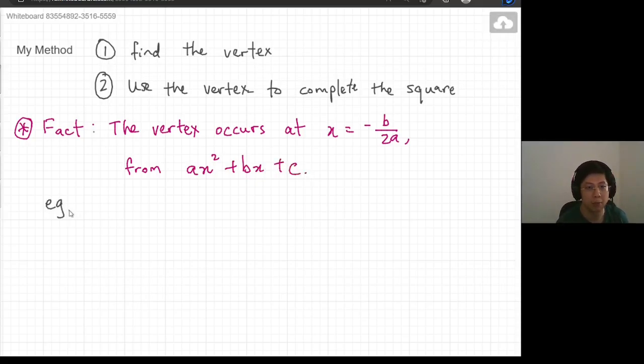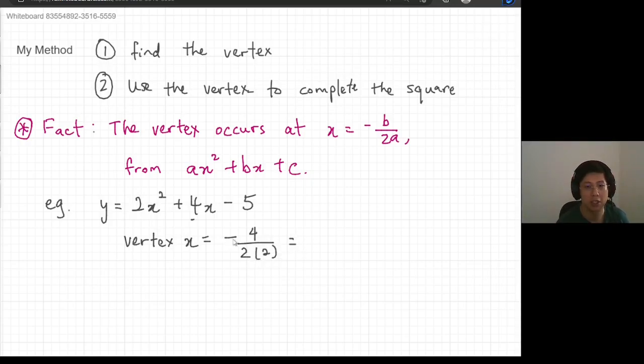So for example, if we are given the quadratic y equals 2x squared plus 4x minus 5, then the vertex x here will be given by negative b, which is 4, over 2 times a, which is the coefficient of x squared, which is 2. So in this case, the vertex always occurs at negative 1 for x.